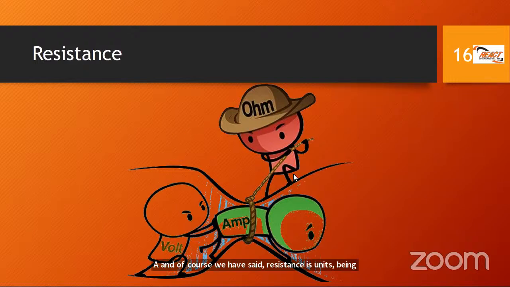So this is a cool little diagram that shows the relationship. Voltage is trying to push here, current is trying to flow through the pipe, and you have Mr. Ohm here that is squeezing them, putting up a resistance. So it's a good diagram that tells us about the relationship between voltage, current, and resistance.